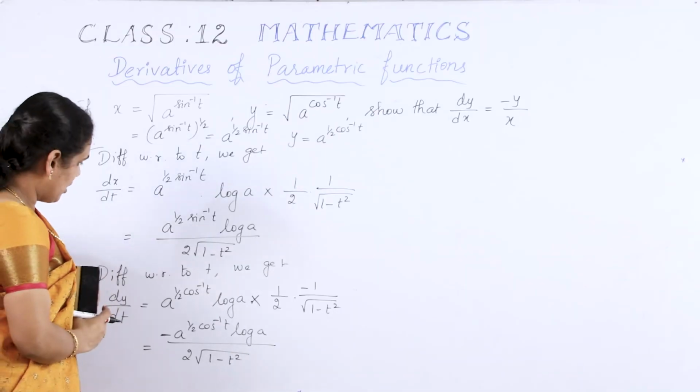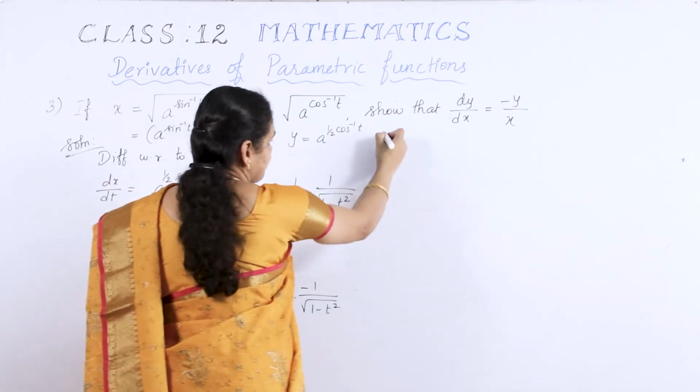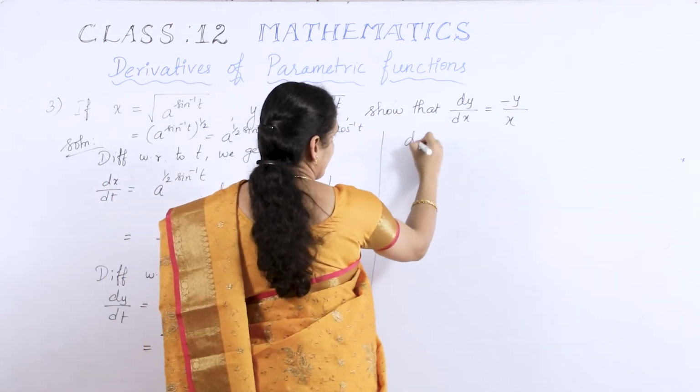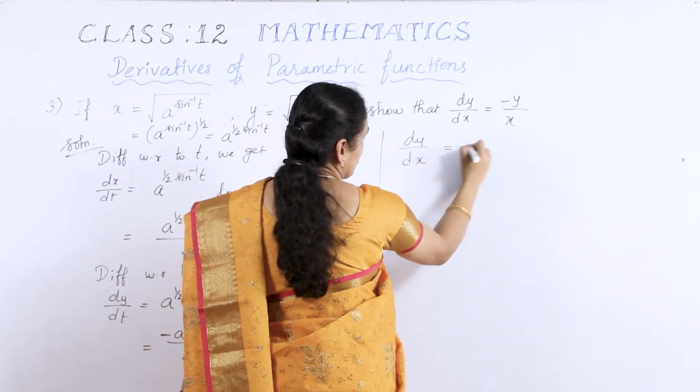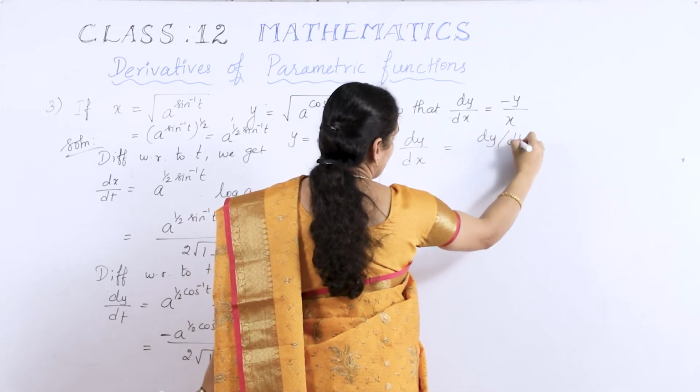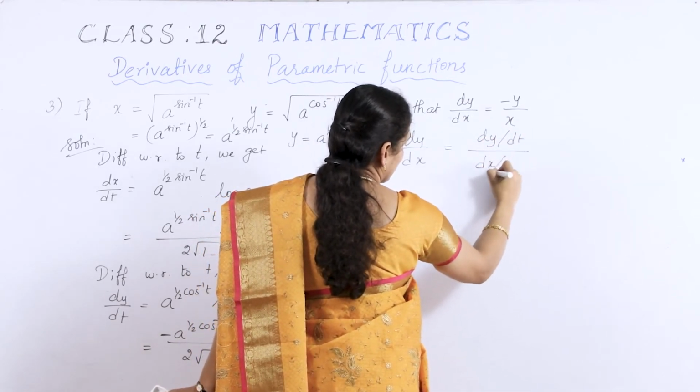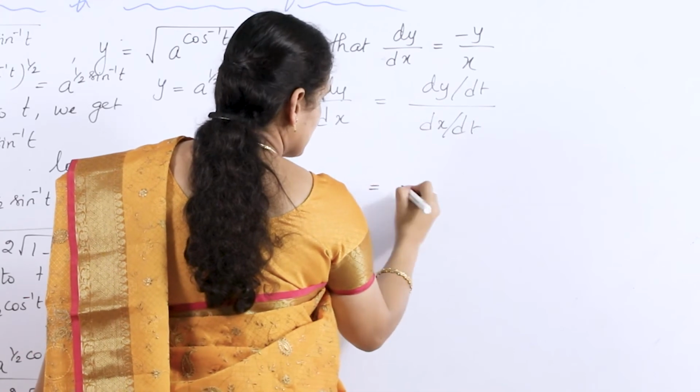Okay, so now we will find out dy by dx. So dy by dx is equal to dy by dt whole divided by dx by dt, right? So what is dy by dt?